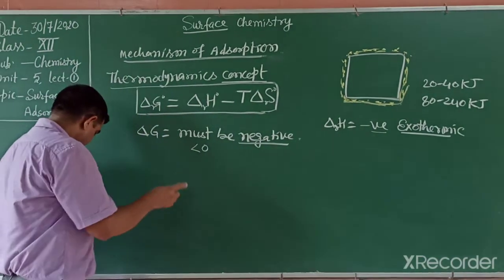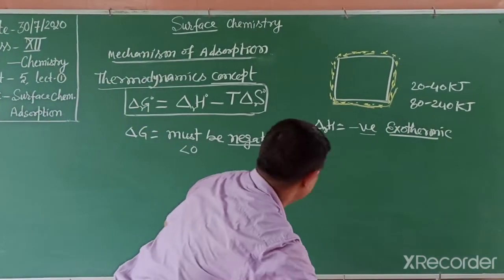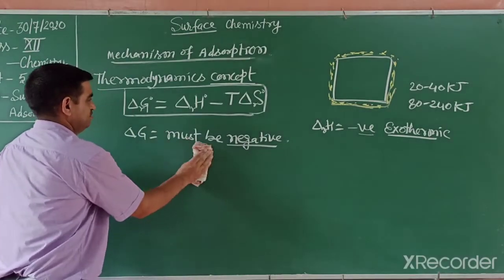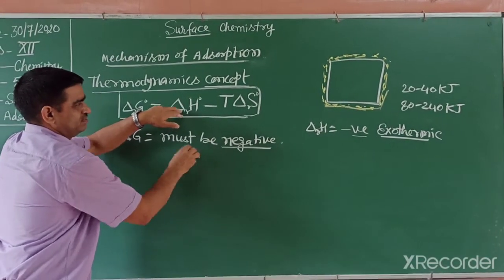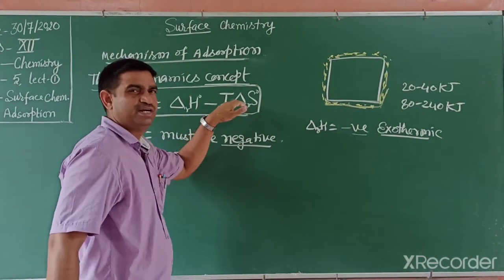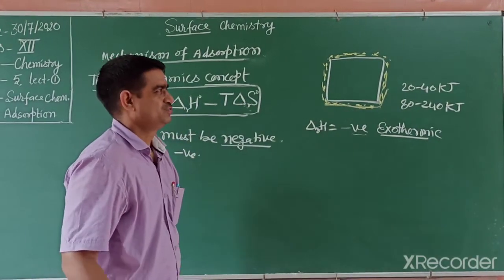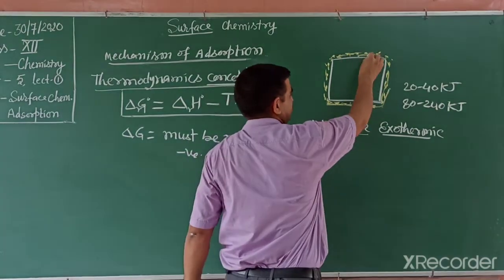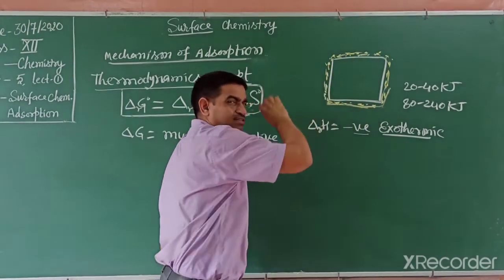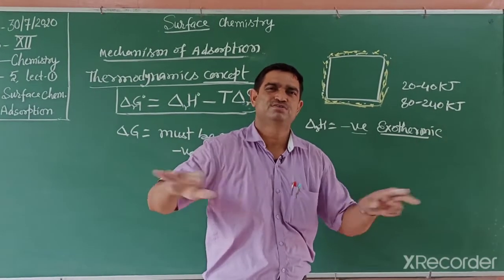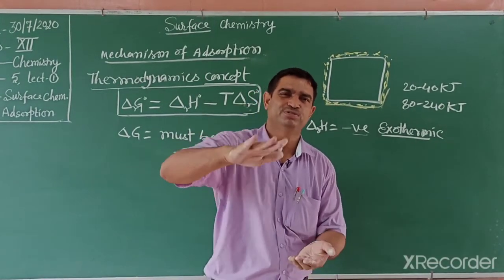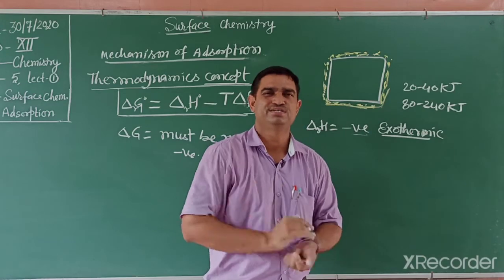So when we place the values in this equation, what do we find? Delta enthalpy is negative. But what happens to the entropy factor? Students, the gaseous molecules occupy the surface. A gas has free, random movement, but if it occupies the surface, movement decreases.